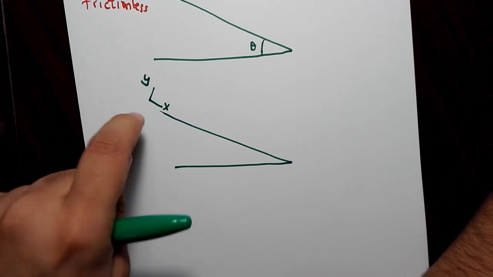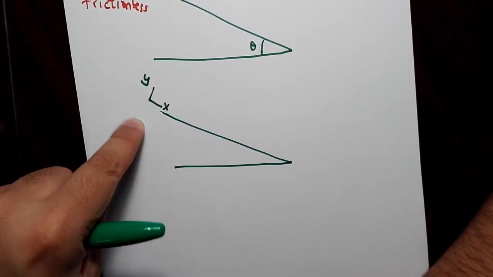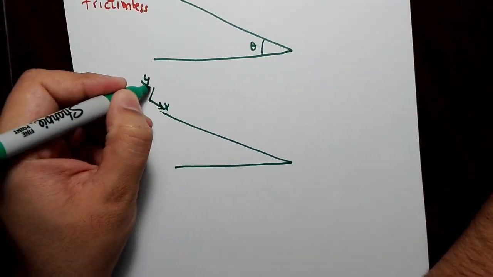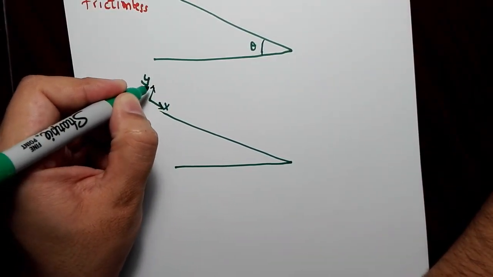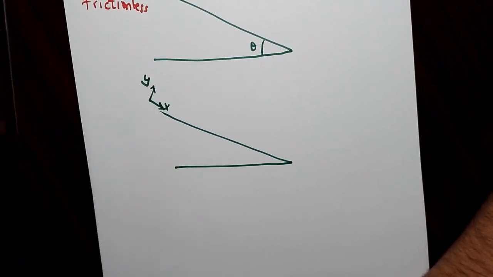So we chose our axes as down being positive x and up being positive y. This follows the convention that right is positive, left is negative, up is positive, down is negative.